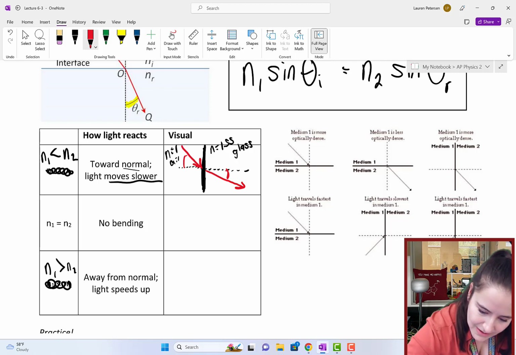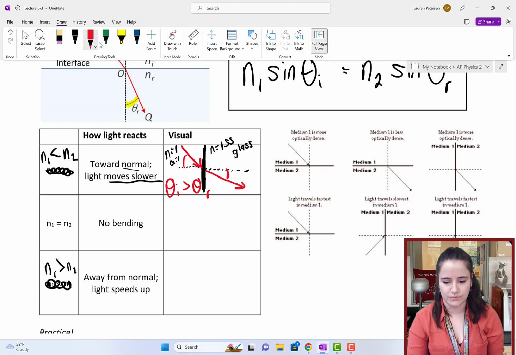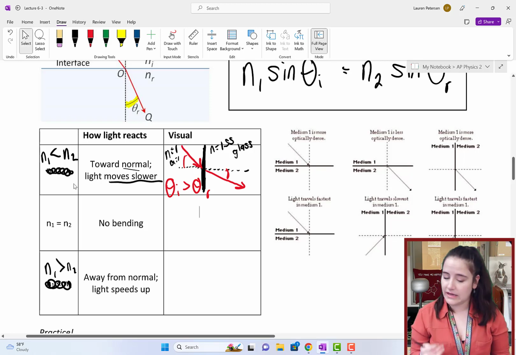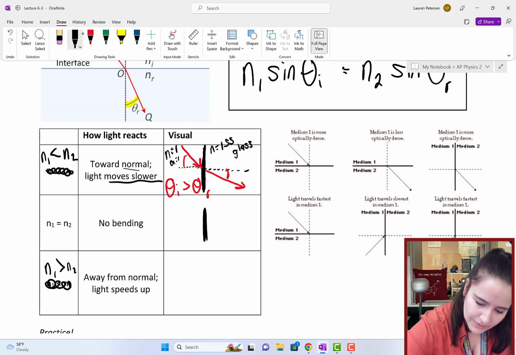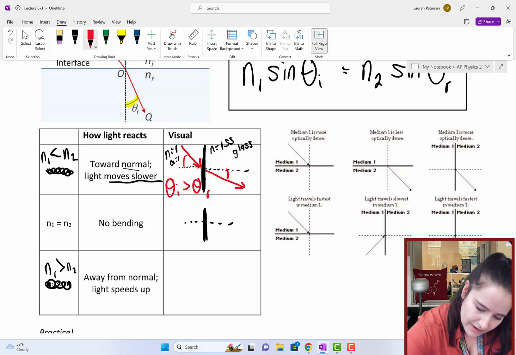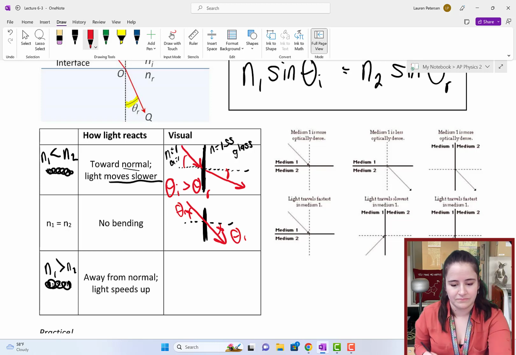So in this one, the angle of incidence will be greater than the angle of refraction. If they are equal, then we just don't get any bending at all. The light ray would just move straight on through, with the angle of incidence equal to the angle of refraction.